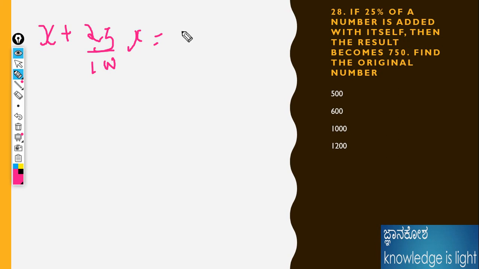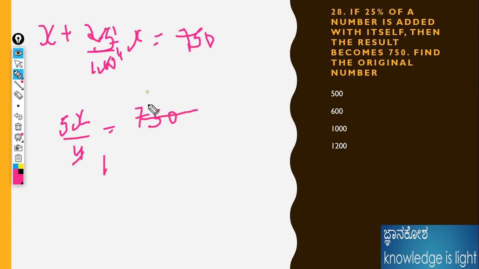Then x plus x by 4, that is 5x divided by 4, is equal to 750, isn't it?